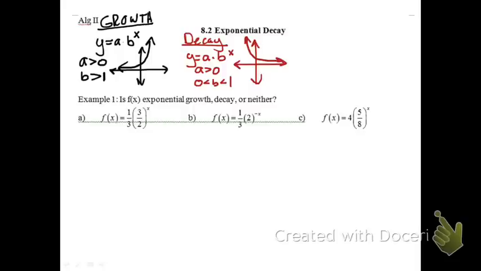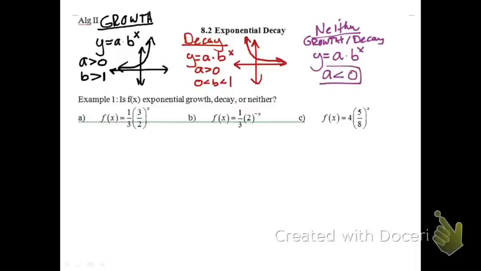Now, on the other hand, you're going to have neither growth nor decay if the following occurs: if you have y equals a times b to the x, where a is less than 0.